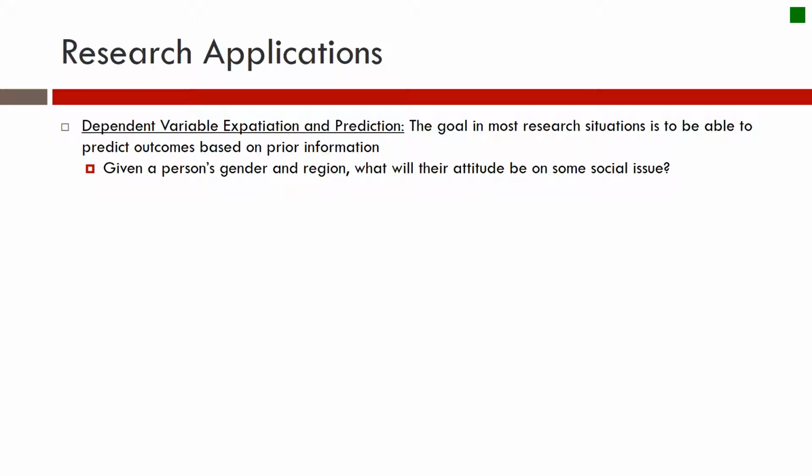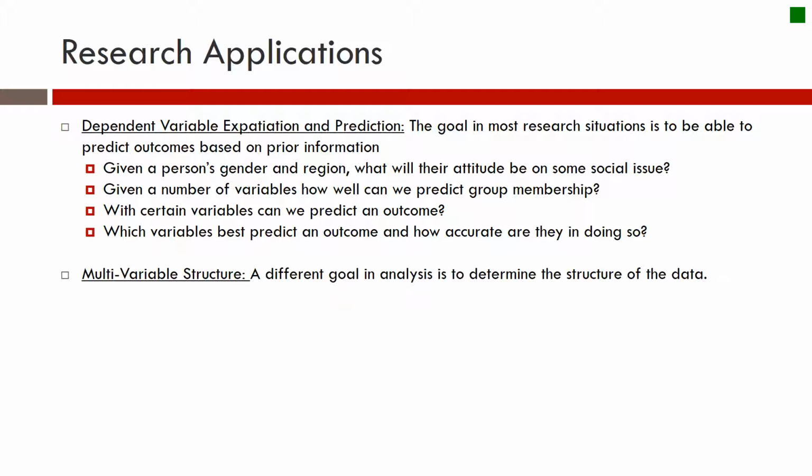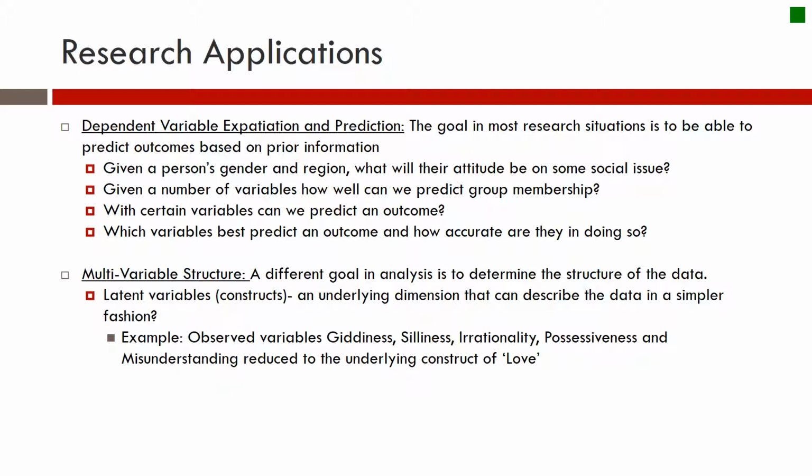Maybe with consumers, we have a lot of demographic information, and we want to take that demographic information, based on past experience, and group our consumers on those measures. We could certainly do that as well. So being able to make predictions based on the variables that we have is one of the areas we think about from a research perspective.